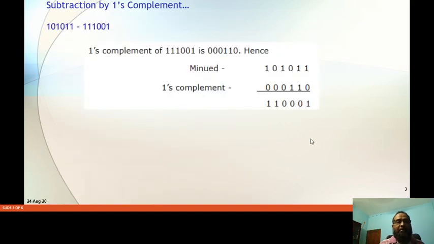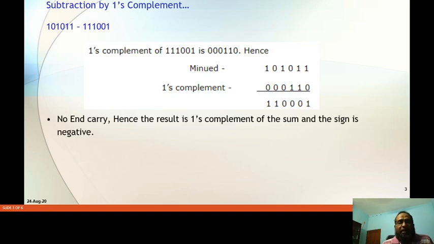Then another example where we want to subtract 111001 from 101011. You can see actually we are subtracting a large number from a small number. So in this case, when we are finding the ones complement and doing the addition, you will get a sum where there is no carry.